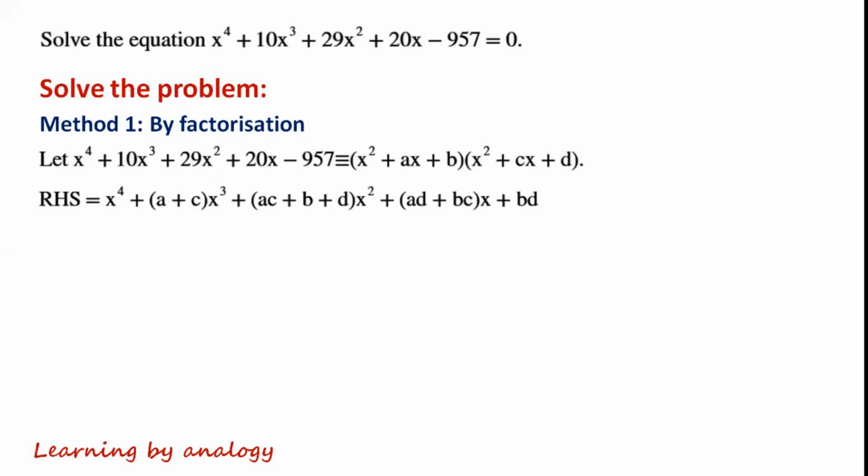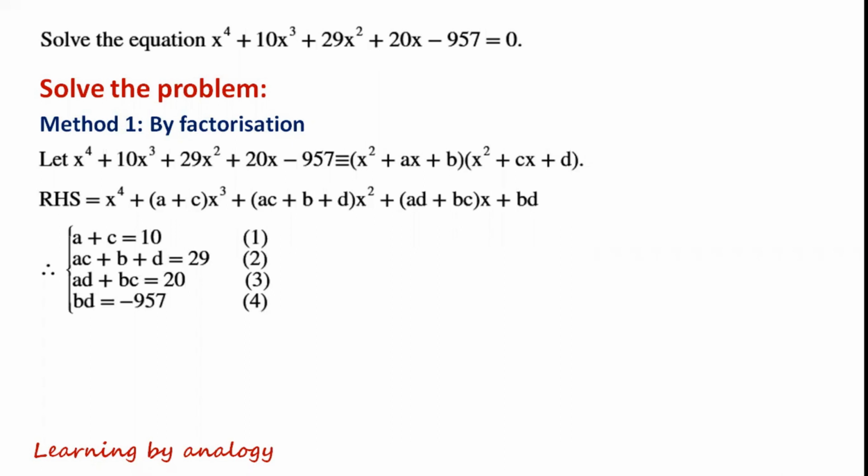The right-hand side of this identity equals x to the power of 4 plus (a plus c) times x cubed plus (ac plus b plus d) times x squared plus (ad plus bc) times x plus bd.